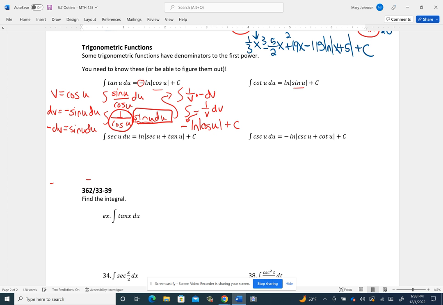And tangent had the negative, so cotangent has the opposite. It's positive there. All right, but you might want to just know those rules. I would say figure out tangent and then know the relationship between the tangent one and the cotangent one. All right, let me show you the trick, the idea behind developing the rule for the integral of secant u.